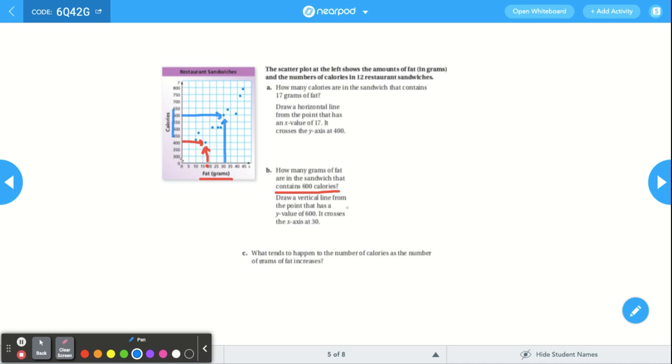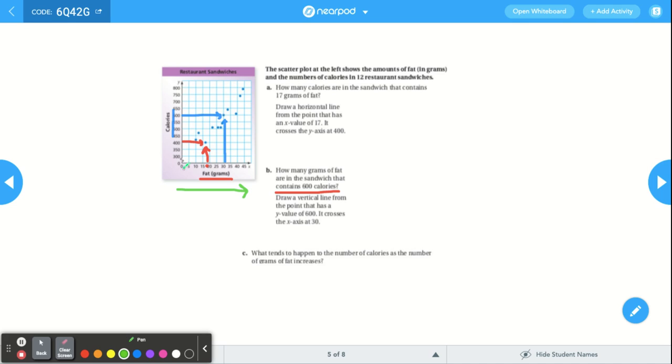All right, and the last question is, what tends to happen to the number of calories as the number of grams of fat increases? So let's go ahead and take a look. As we get higher and higher in the fat amount, what tends to happen to the number of calories?